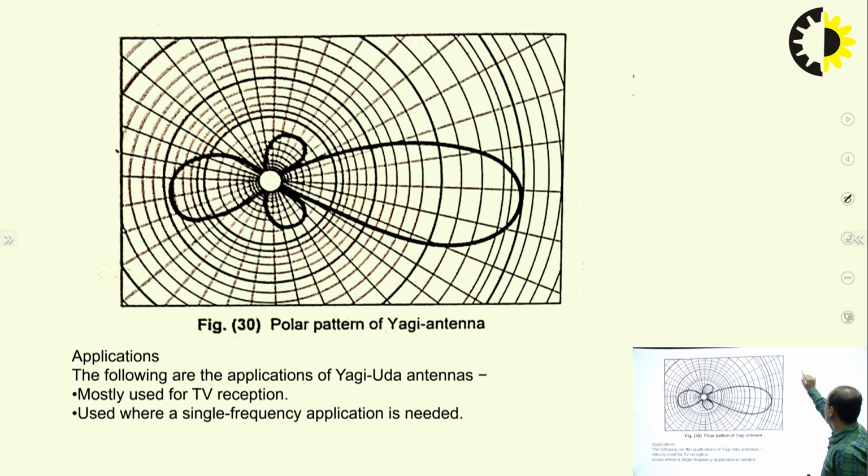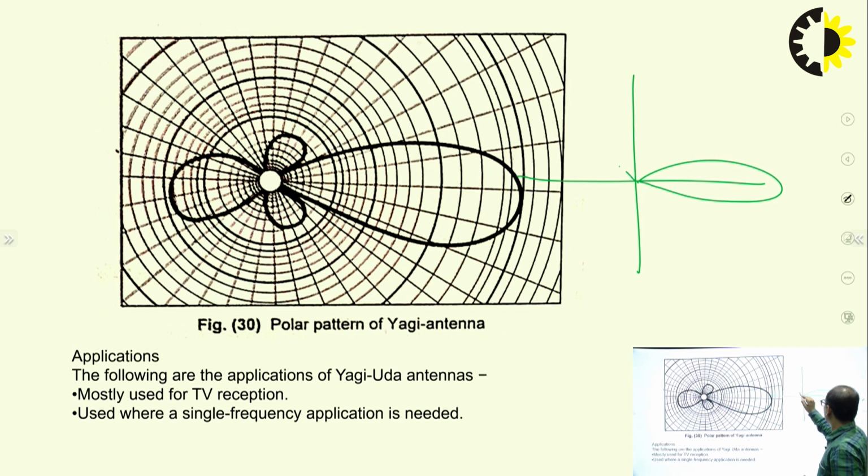So this is a radiation pattern of the Yagi-Uda antenna, practical, or not ideal, you can say. This is a practical radiation pattern of the Yagi-Uda antenna. There are some back lobes and side lobes. Clear?